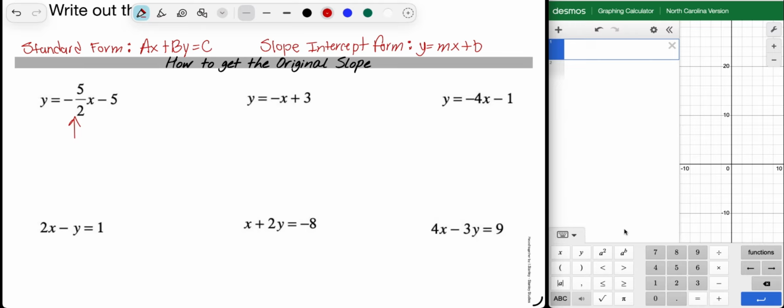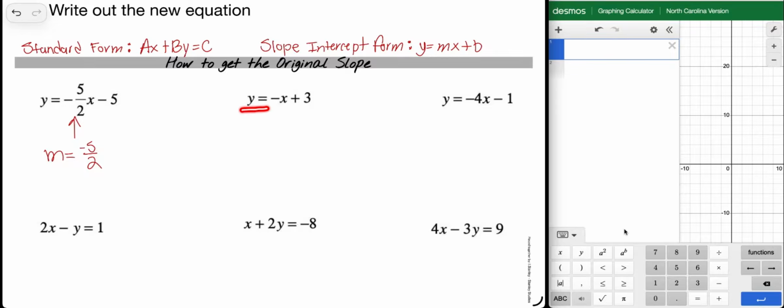So that means my m, which is my slope, is negative 5 over 2. Same thing in the next one. We have y equals negative x plus 3. Right beside the x is a negative, but there is a number there. It's an imaginary 1. So that means the m in this one will be negative 1.